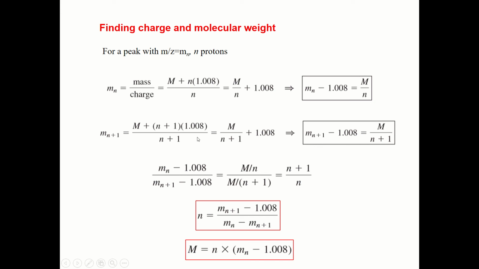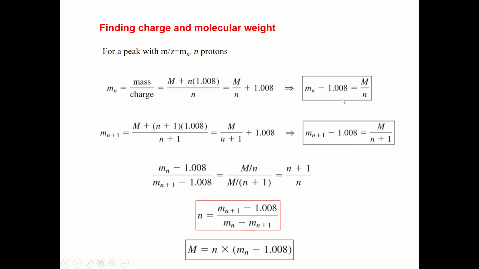And you see, if you subtract this number out, then you get this one. Okay, and what about the other peak? When one more proton is there, we do the same calculation. The total charge is n plus 1, and the mass is the molecular weight plus n plus 1 multiplied by 1.008, and then we get this formula.